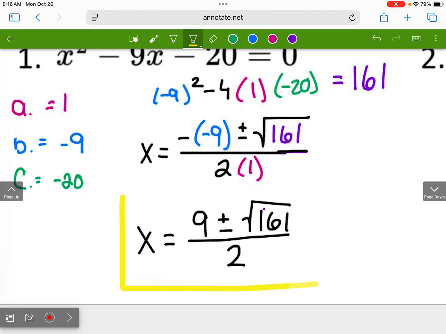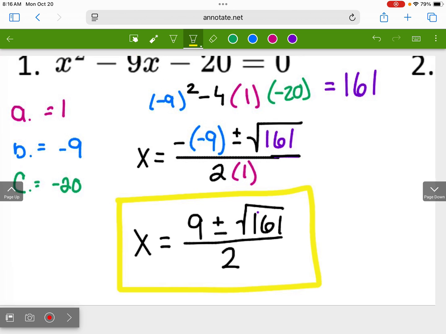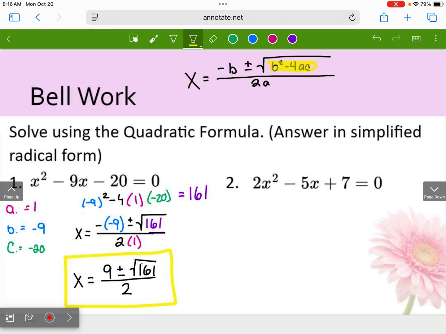So this is our first one, solving the whole thing with the quadratic formula. Now you can use that kind of as a guide for that second one. Give that second one a shot.